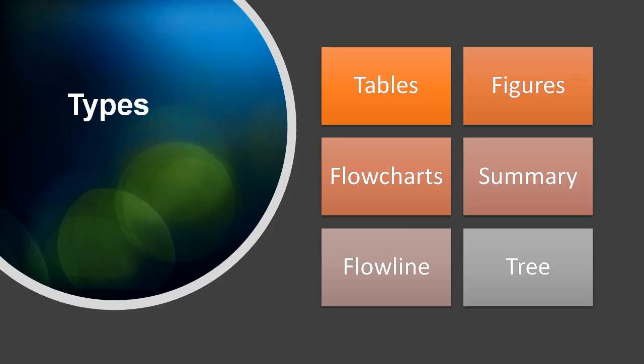We also use the flow line. For example, if we are telling a story, or defining some historical events, then we can put a flow line to easily illustrate what the writer wants to say.